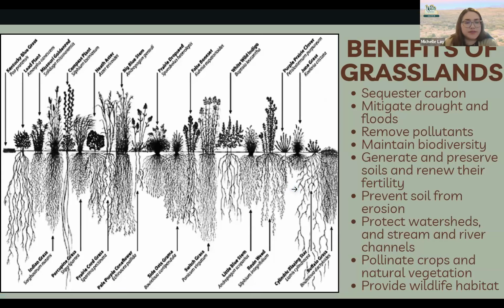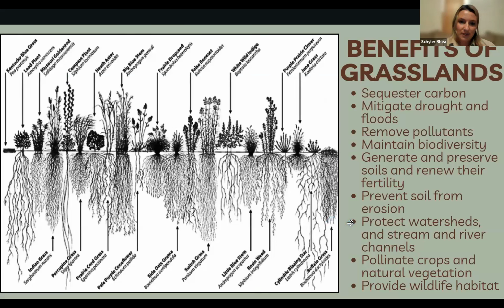We're good. Great. Okay. So the benefits of grasslands. So many of those answers were really great and right on par with what I want to discuss about what the benefits of grasslands are. So here in this image, these are some common grassland plants that you would find.